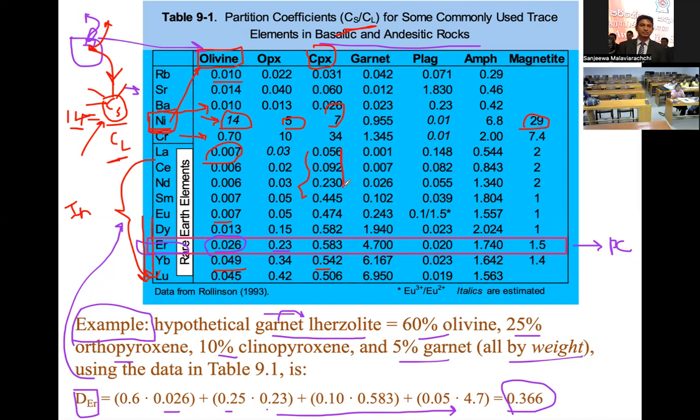So they are relatively incompatible, because they are not retained in CPX. They are thrown into the liquid mostly. That means they are incompatible. So if you want to compare an element's compatibility or incompatibility with respect to the solid phase we are talking about, for CPX, the early half of these rare earth elements is incompatible.